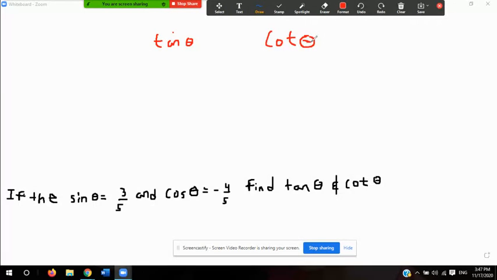But another way of expressing these quotient identities is by saying that the tangent of theta is the same as saying sine over cosine. Now, this is really used a lot in physics as well, when we're studying vectorial motion.